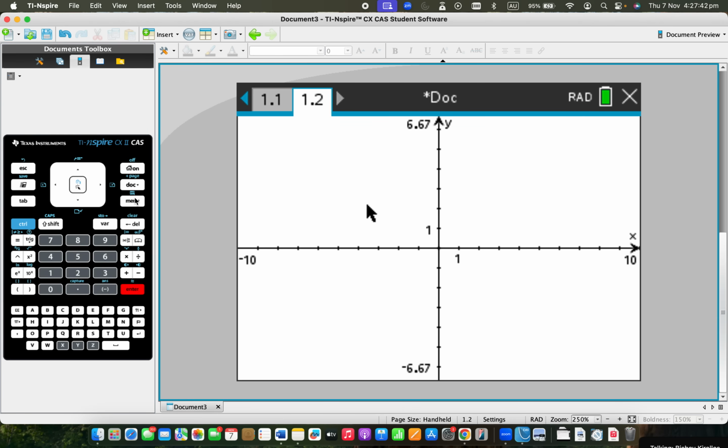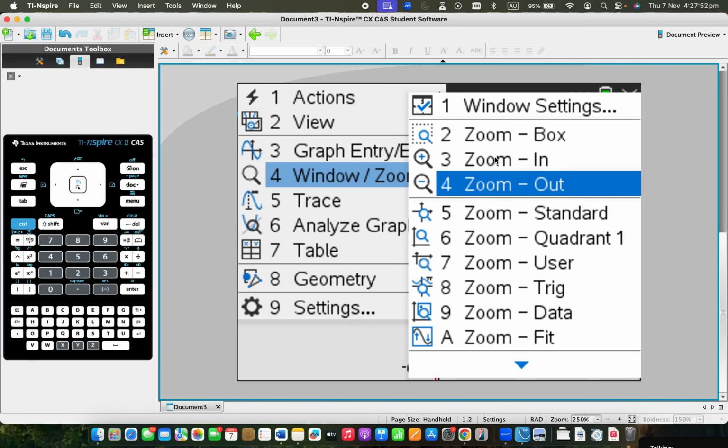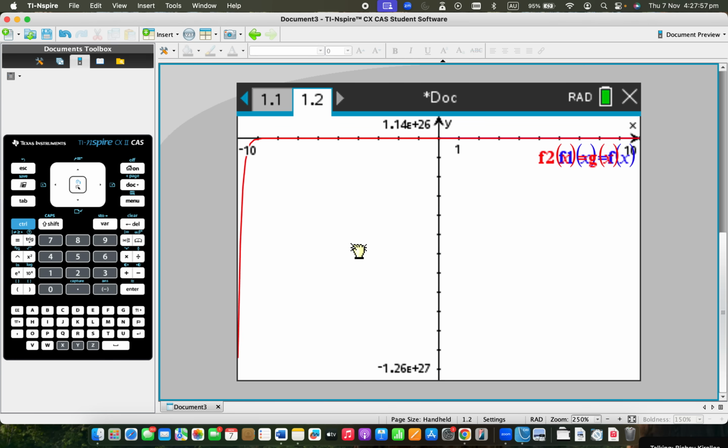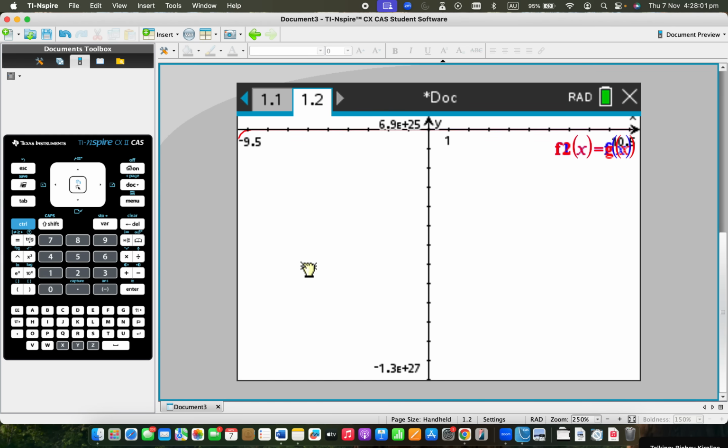So we've got f, you have to do it in terms of x on the CAS, and g of x. Now it's not showing, okay, so this is g, that's the exponential, and where's f?